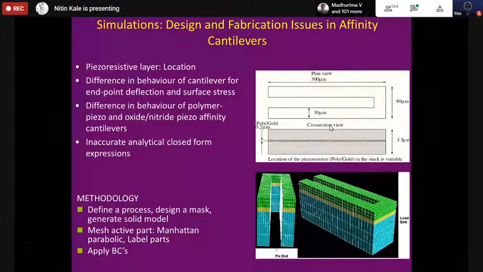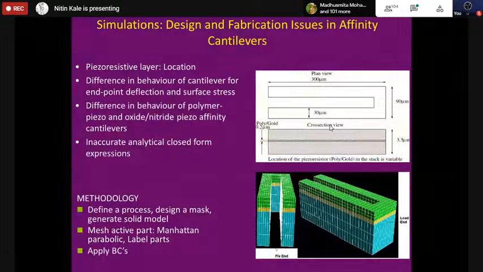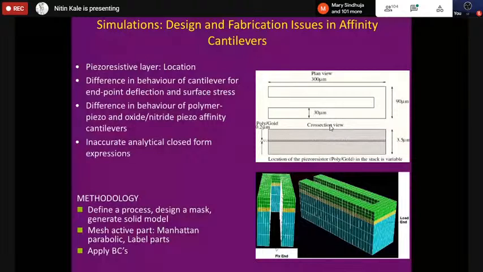In simulation, let's say you want to simulate the behavior of a cantilever structure. So what you do is you can define a process in the simulator itself. You can design a mask, you can generate a solid model. Then comes the important action of meshing. So you have to select an appropriate mesh. For example, we selected Manhattan parabolic.